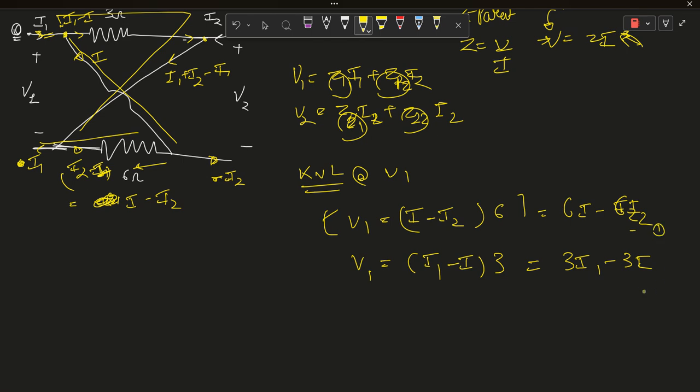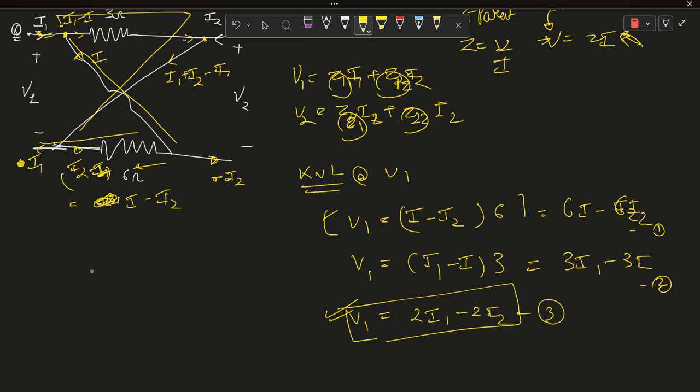These are equations first and second. If we solve them, we get V1 equals 2I1 minus 2I2. This is our equation of interest, which we denote as 3.